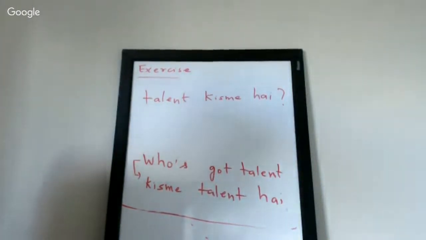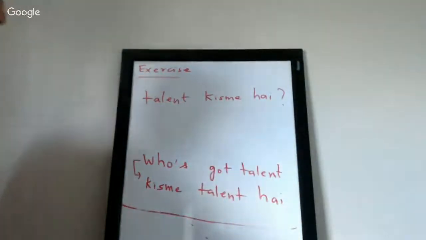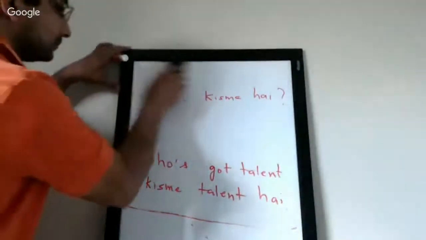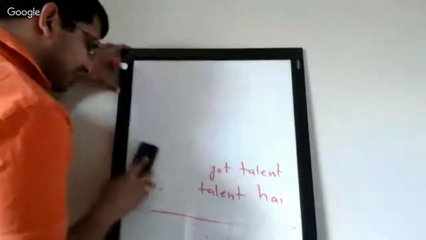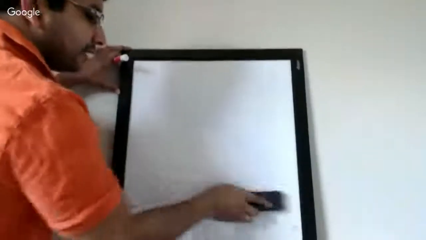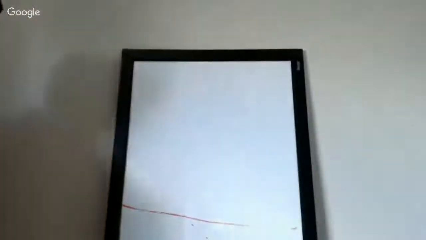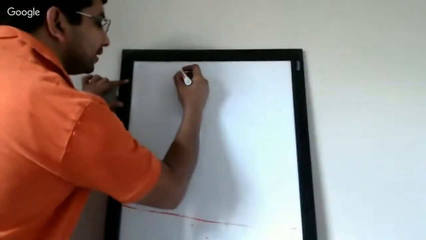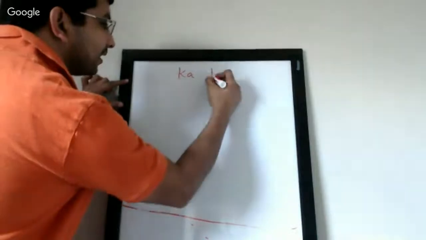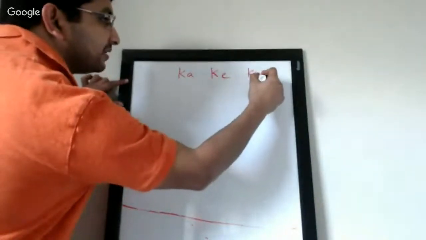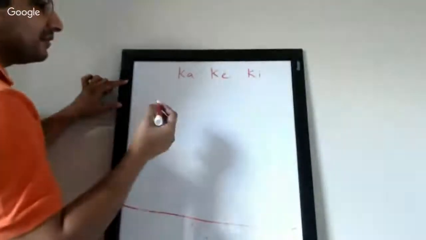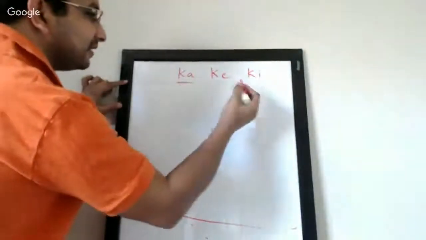Okay. The next one is the post position ka, ke, and ki, and how these post positions change the form of the pronoun. Again, it's ka, ke, and ki. By the way, there is a movie coming in Hindi, Ki and Ka.